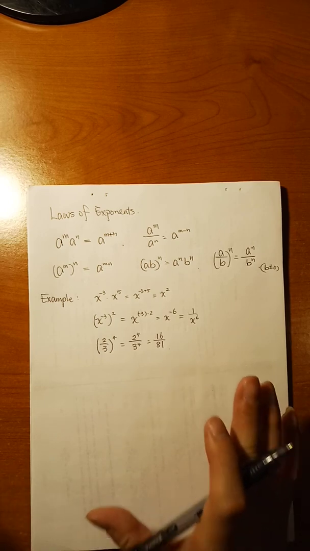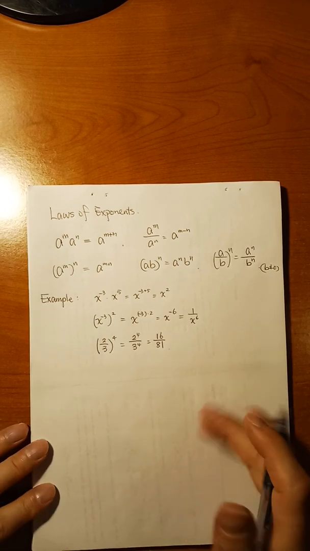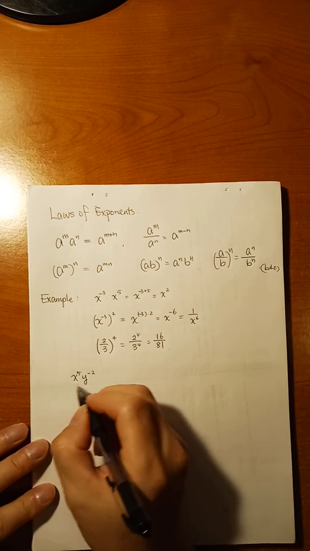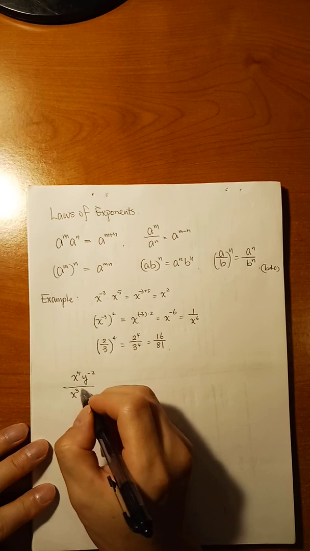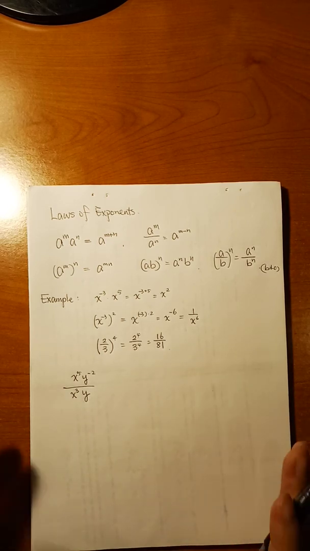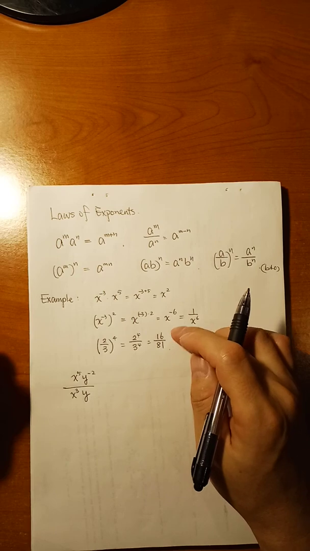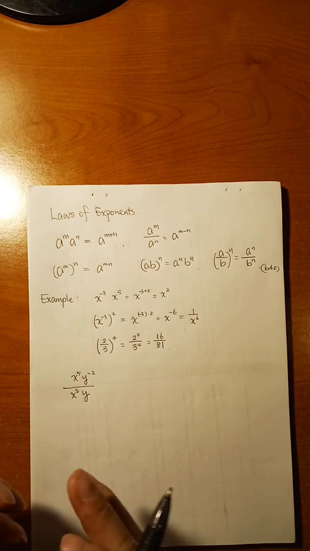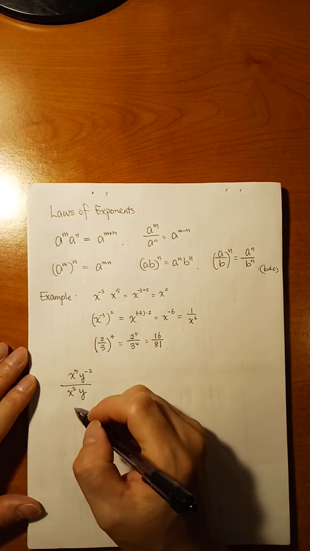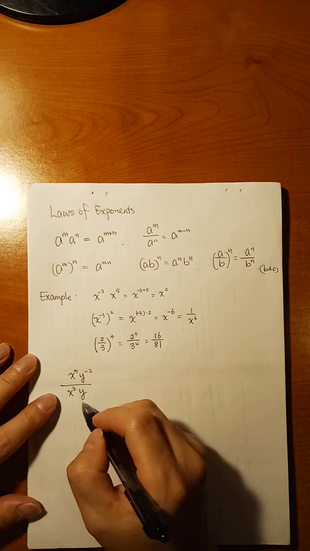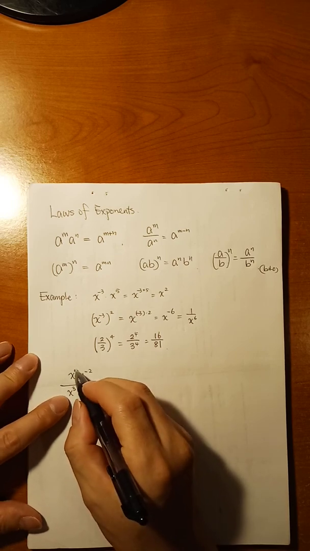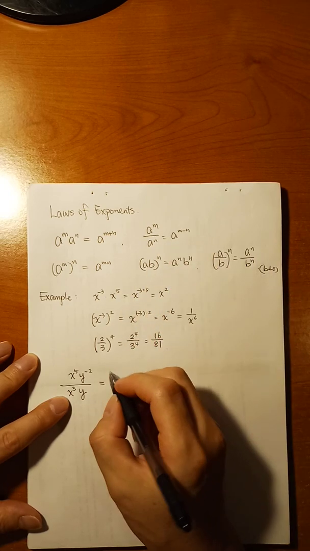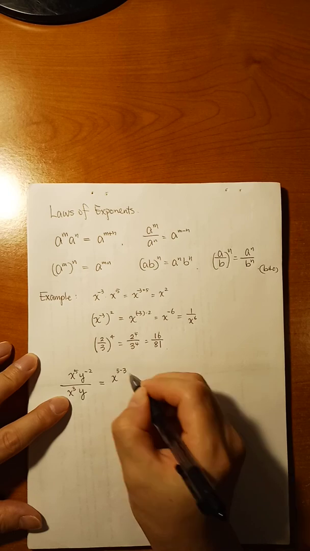And if we want to simplify, let's check. For example, if we have x to 5 y to negative 2 over x cubed y. Be careful, all of this can only be done if they share the same base. If they have different bases, you cannot combine them. And for this one, you can only handle x with x and y with y. So x to 5 over x to 3, remember, is equal to x to 5 minus 3.